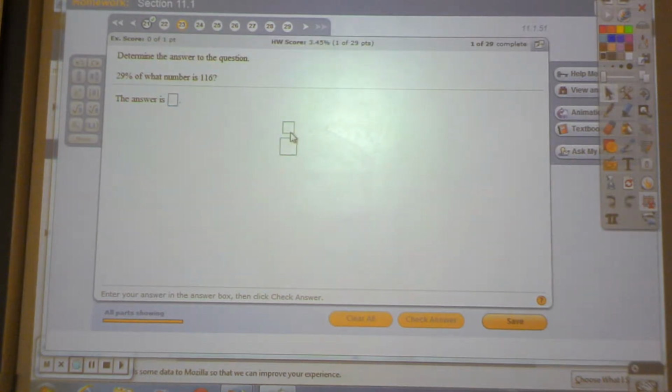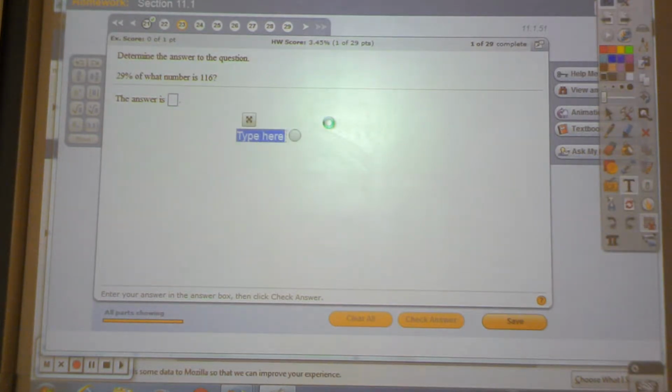Try this. All right, is of percent over 100.